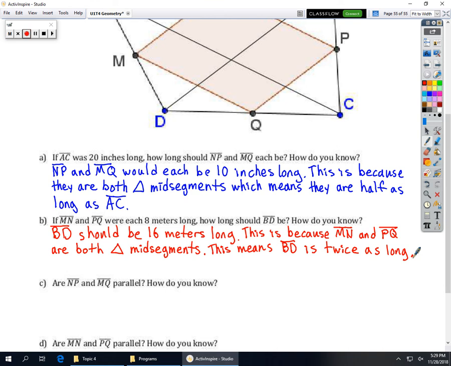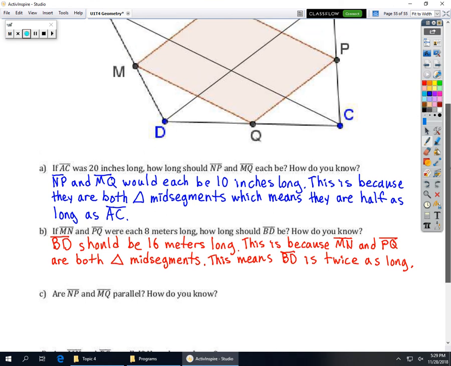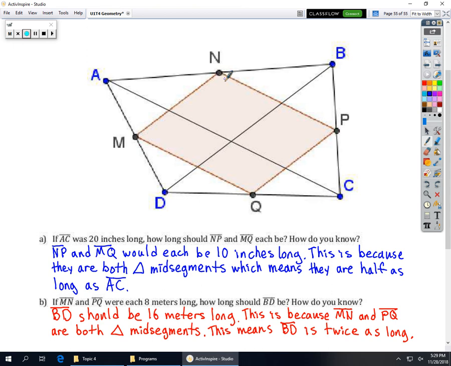Are NP and MQ parallel? Oh, they're mid-segments. So let's think about NP. NP is a mid-segment, so NP is parallel to AC. MQ is a mid-segment, so MQ is parallel to AC. Hey, look, they're both parallel to AC, which means they are both parallel to each other.